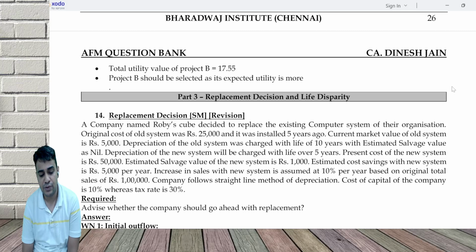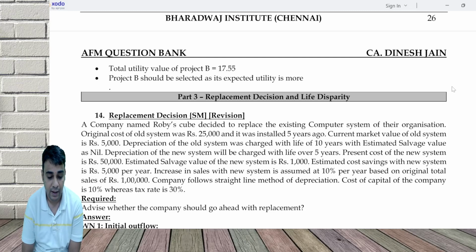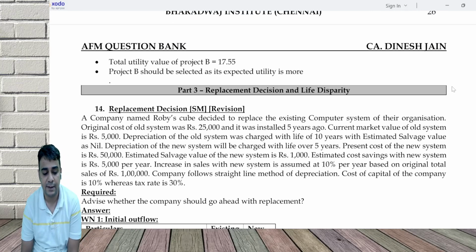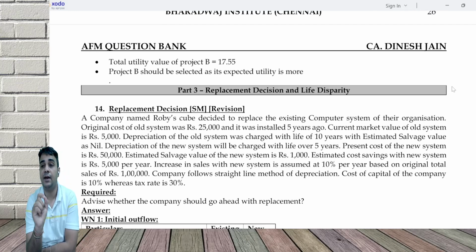Cost saving with the new system 5,000. Increase in sales is assumed at 10% per year based on original total sales of 1 lakh. Company follows SLM method of depreciation. Cost of capital is 10%. Tax rate is 30%. Advise whether the company should go ahead with replacement. Category 1 question. Should you go ahead with replacement is category 1 problem.